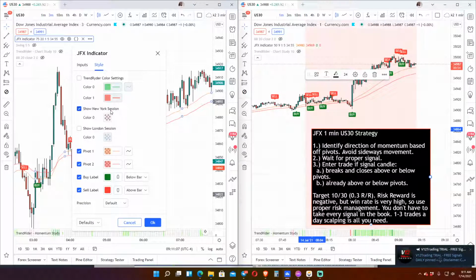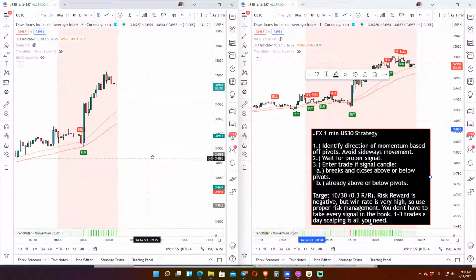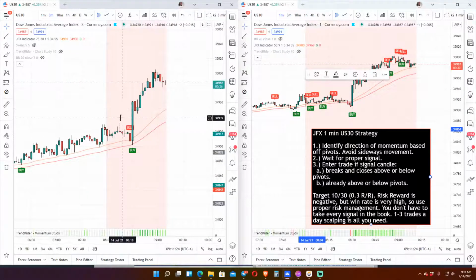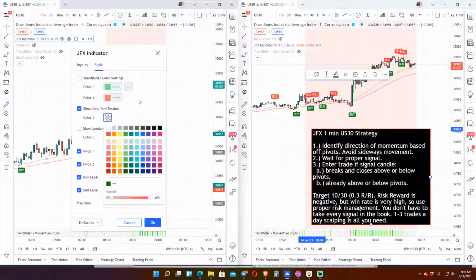It's the most volatile time to trade. But I personally like to trade the New York session. Once we enable that, as you can see, the background highlights this pinkish color. You can also change the color if you want to. I just keep it standard.